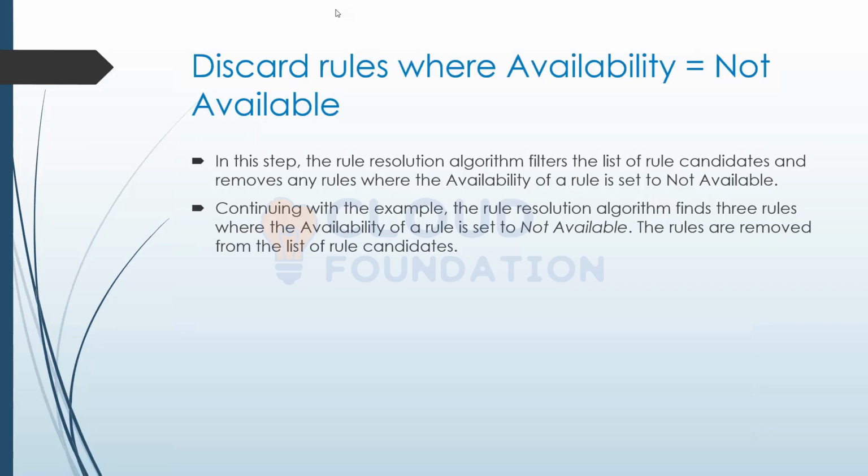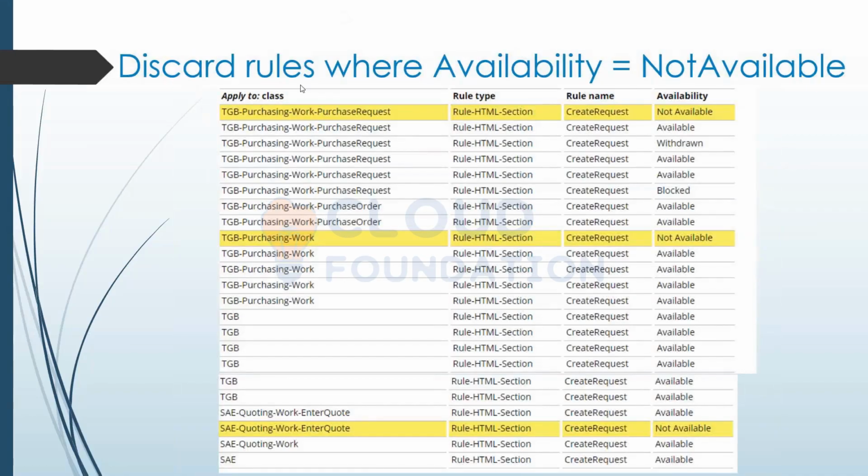For all the given rule candidates, I'm going to check the availability. If for any rule candidate the availability is not available, I will discard it. Out of all of these, I see the highlighted ones are set to not available. The system is going to discard these rules from the rule candidates directly. Like I said, as an elimination process, now we have a smaller number of rule candidates.